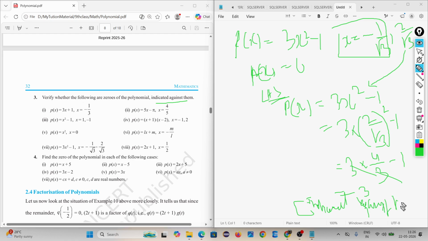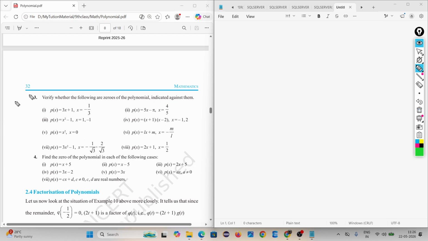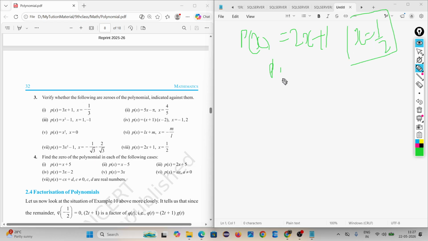Last question. P of x equal to 2x plus 1, and the value is 1 upon 2. You have to check P of x should equal 0; that is the meaning of zero.